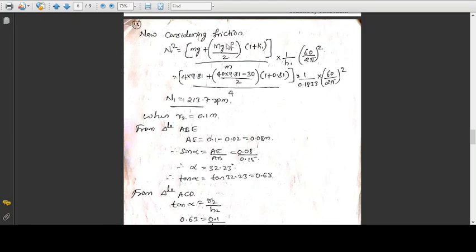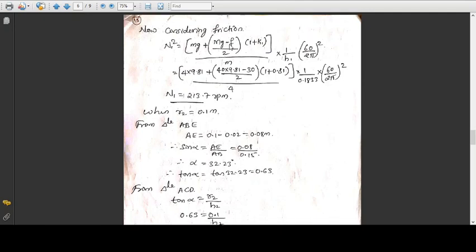Here we are considering the negative sign, because at R1 the sleeve will have the downward motion, so the travel will be towards the downside. That is the reason we are considering the negative sign, because the frictional force will be in the opposite direction. In the previous example we used to neglect the term 1 plus K, but here alpha is not equal to beta, so we are considering it as 1 plus K1.